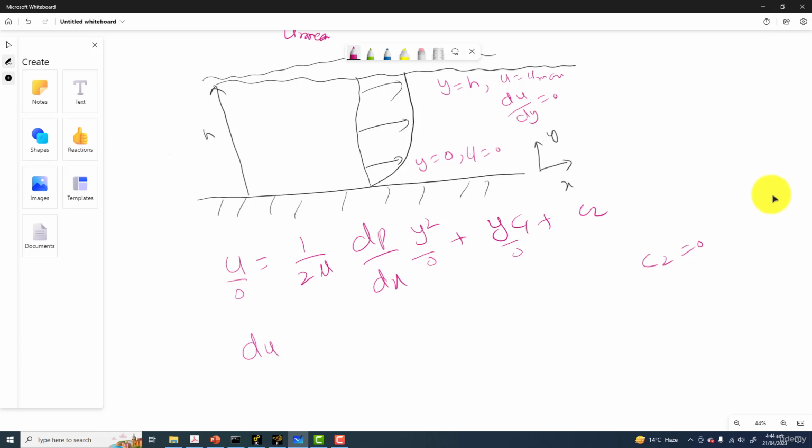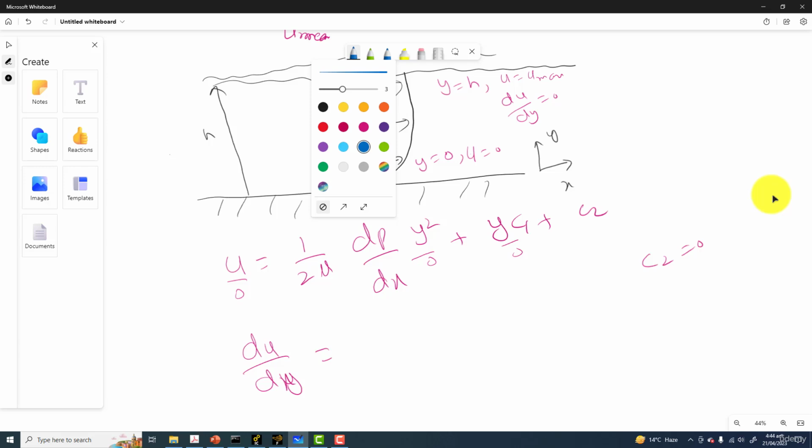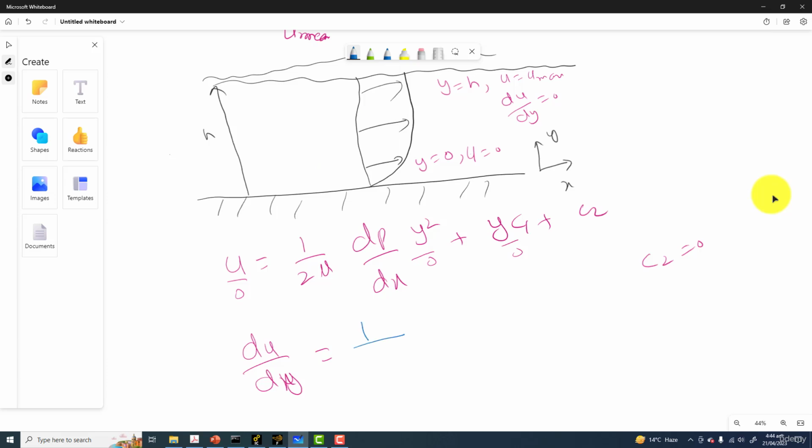Now as far as du by dy is concerned, we have du by dy equal to 1 upon mu, because the 2 will be cancelled out from the y square. This is 2y, and this is 2 mu, so the 2 will be cancelled.